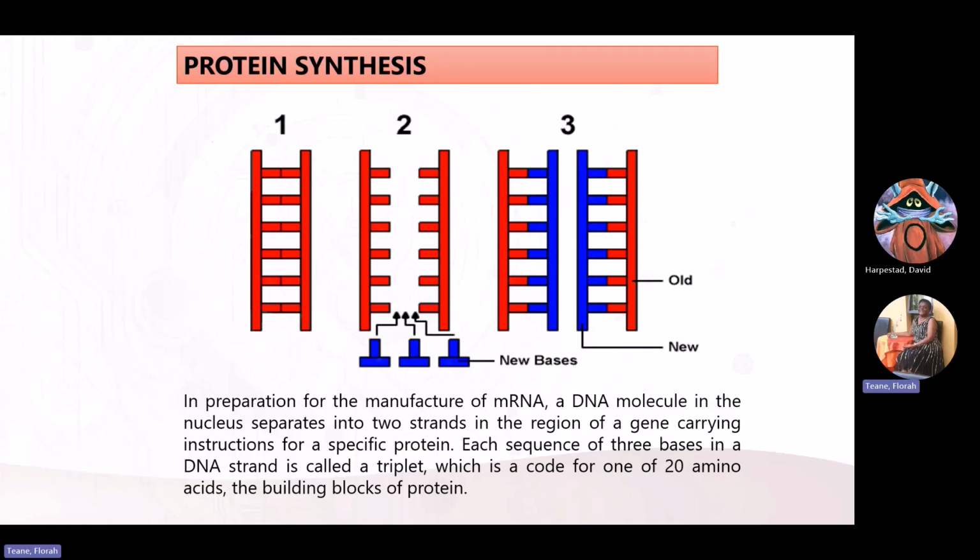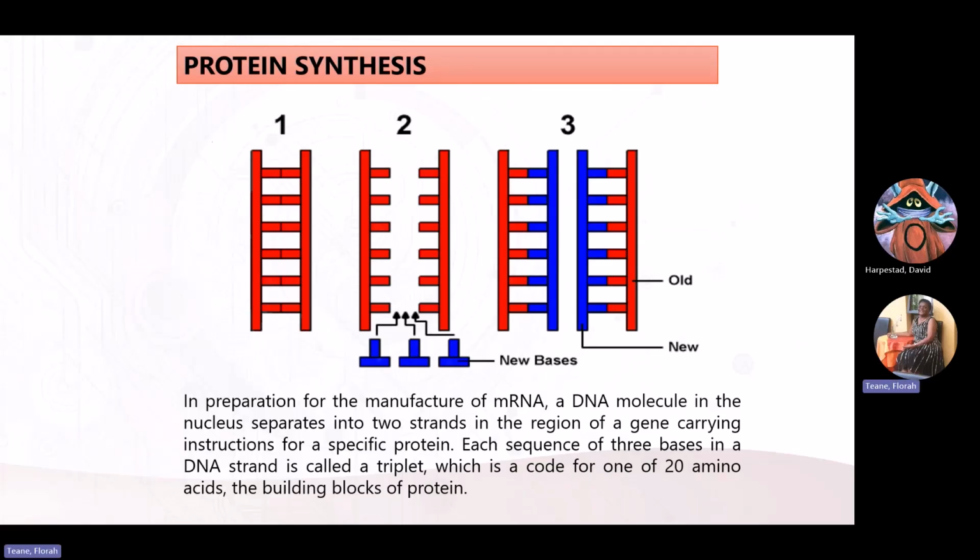Let's go back to the structure of the cell. Go back to your grade 10 topic on the structure of a cell. Remember, we have the nucleus, we have the cytoplasm. In the cytoplasm, that's where we find other cell organelles.